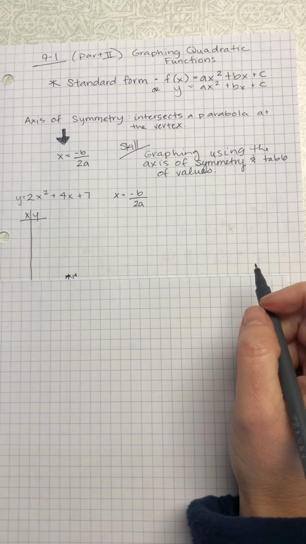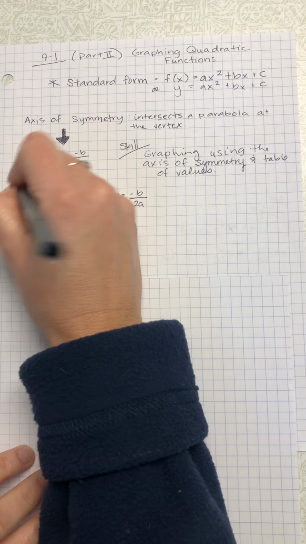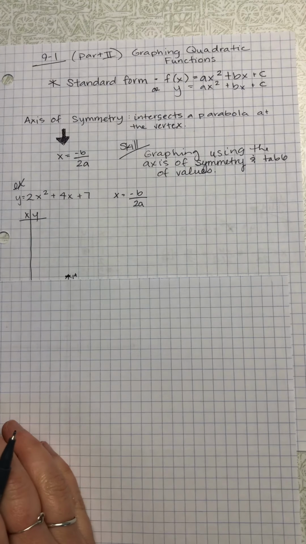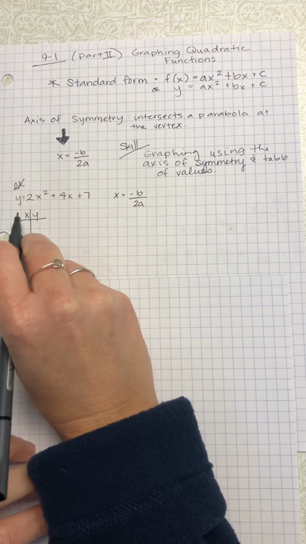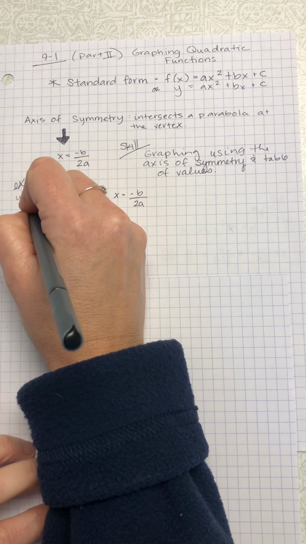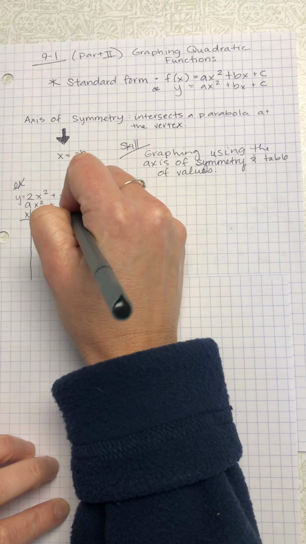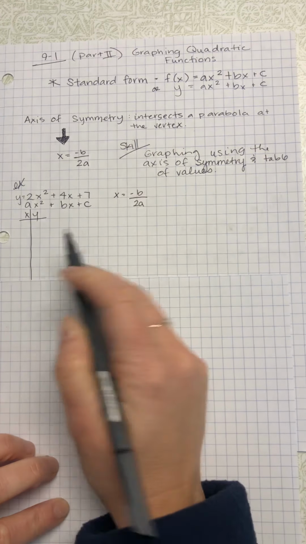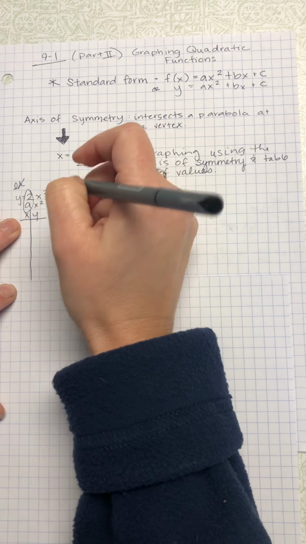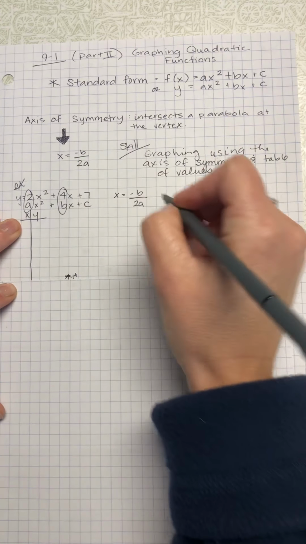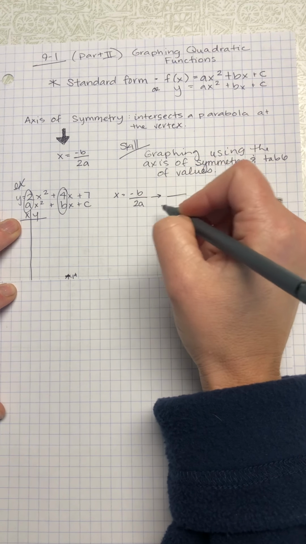If we take a look at this first example, this is in standard form, right? Where ax squared plus bx plus c is equal to y. So if we focus on the a and the b, those are the numbers that we'll substitute into our formula.